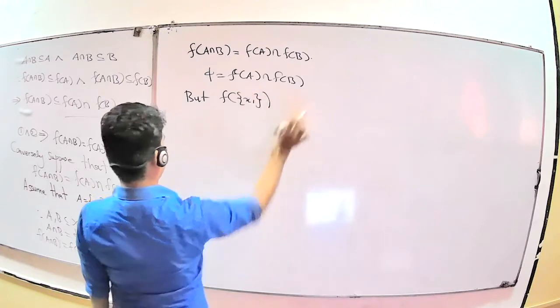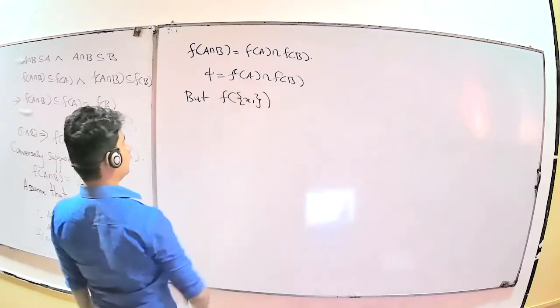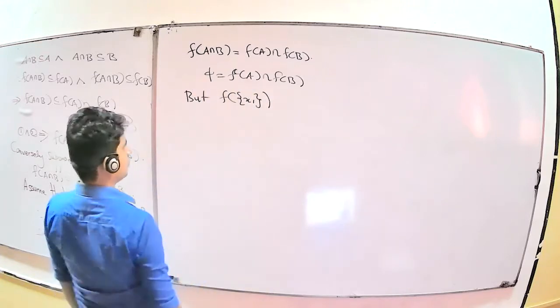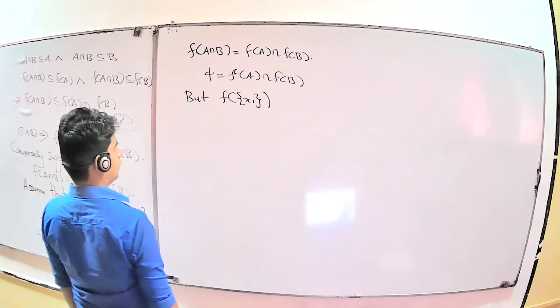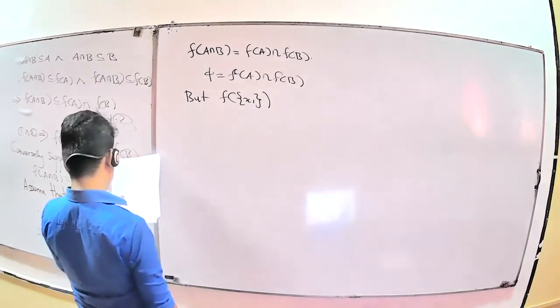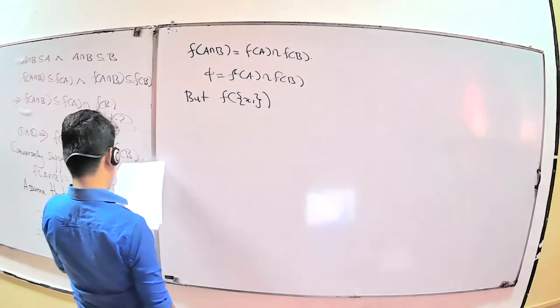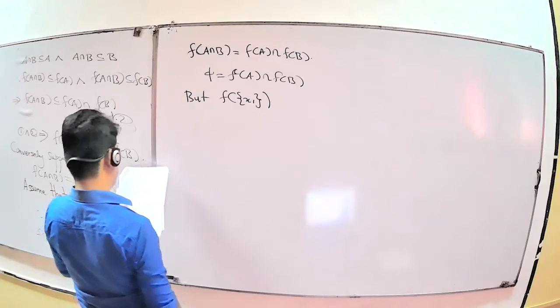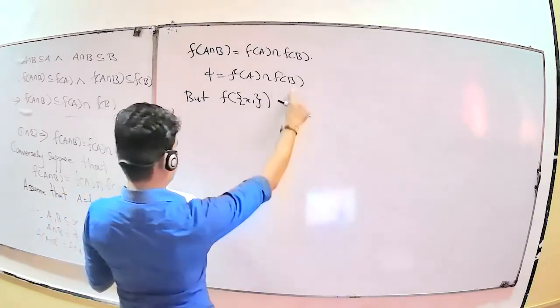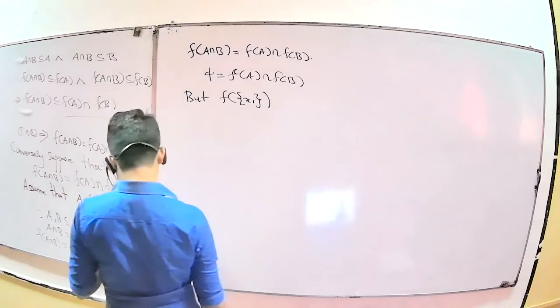At least one of f of A or f of B being empty is enough to show that this is empty. Therefore, f of x1 is empty or f of B, which is f of x2, is empty.